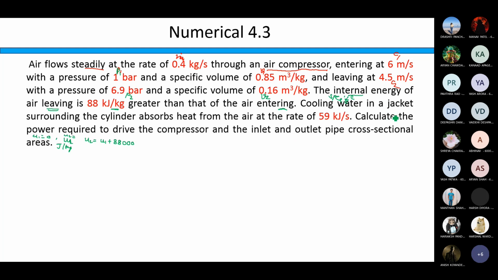Then cooling water in a jacket surrounding the cylinder. Now, let us say this is your compressor, and this is what you can say, the cylinder wall, right? And here is your piston. So what happens because of the compression?